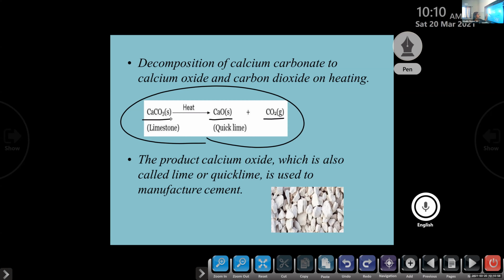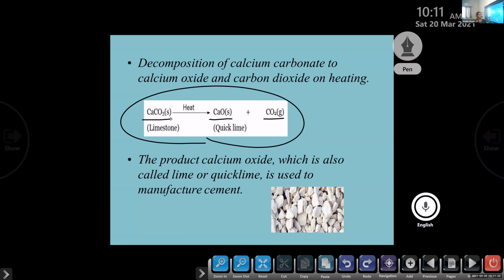This is just the reverse of that combination reaction. Calcium hydroxide reacts with carbon dioxide to form calcium carbonate. That's why there is a shiny appearance on the walls 2 to 3 days after whitewashing.